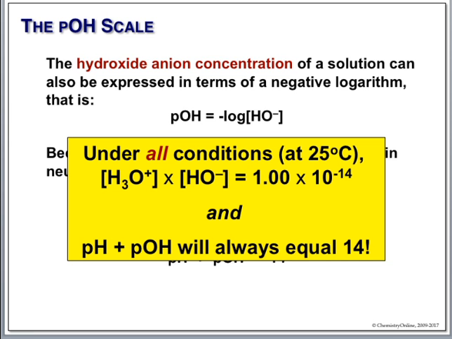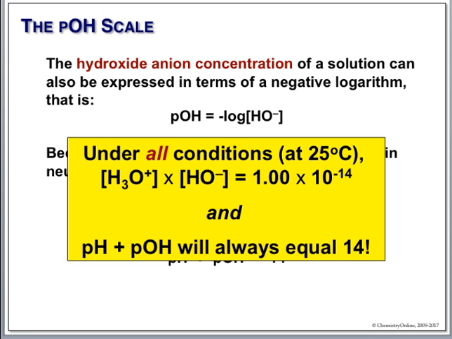Now, depending upon the problem you're dealing with, you might be given a hydronium. Calculate this, but you know this is a constant, so you can easily calculate OH minus.